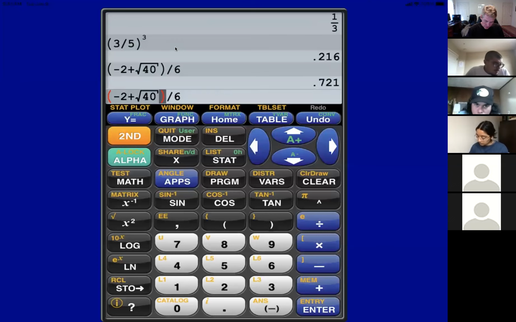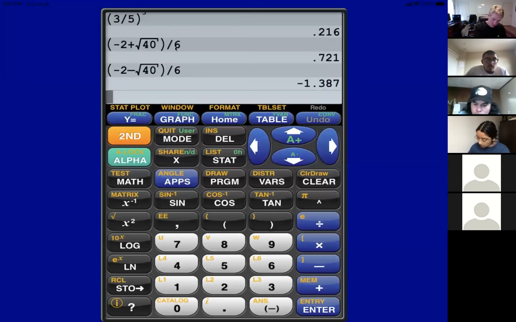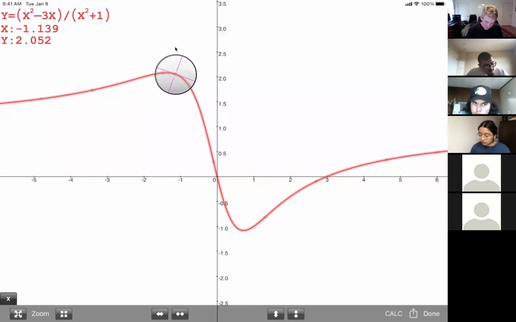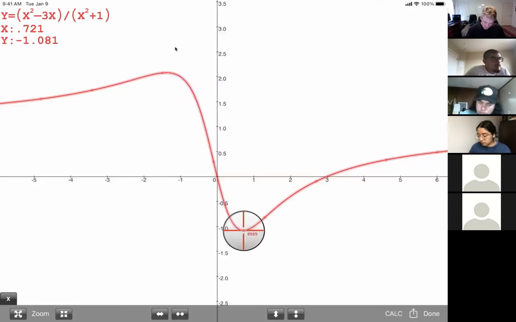And then just screen grab it so I don't have to type the whole thing again. And negative 1.387. And I'm pretty sure that's what the graph said. So 1.387, yep, that one's right. And then 0.721, that one's right.